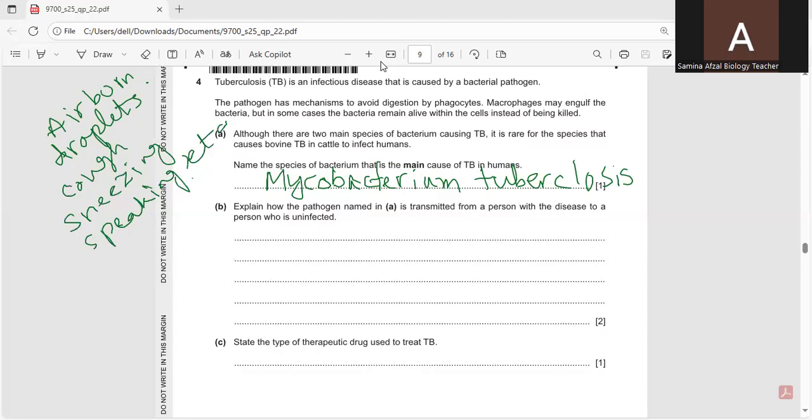An uninfected person then becomes infected when they inhale these droplets. Once inhaled, the bacteria travel down the respiratory tract and usually settle in the lungs, where they begin to multiply.